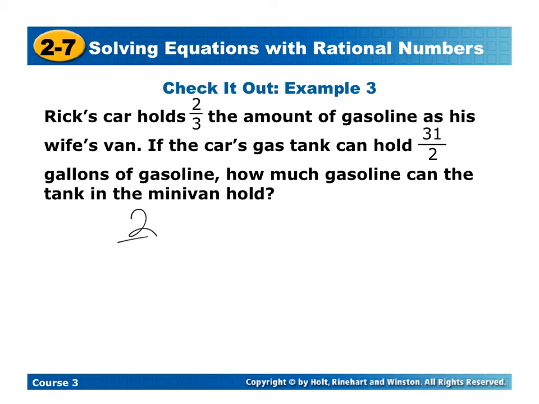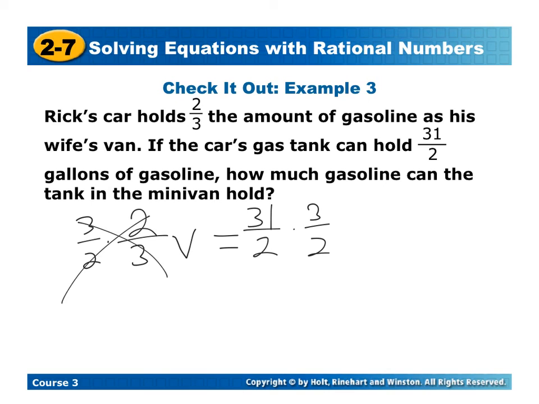So 2/3 of the van is equal to 3 1/2. That would be our equation. I'm going to go ahead and multiply by the reciprocal. These will cancel out. B is equal to. Here we can't actually cancel anything out ahead of time.